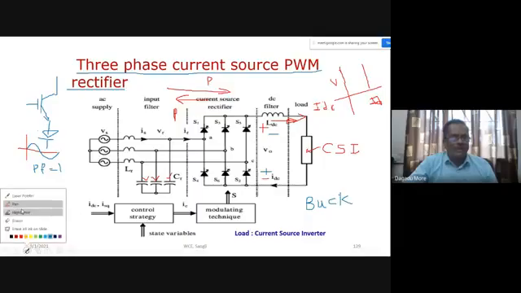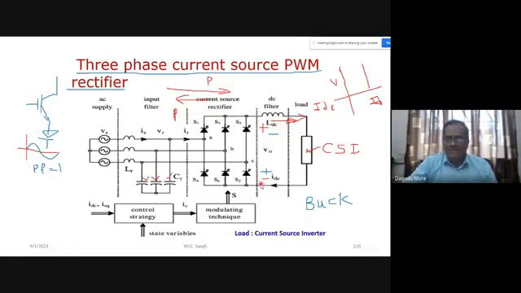By reversing the polarity of the DC voltage at the input side. For that, these devices must have both forward and reverse voltage blocking capability, so if you use a MOSFET or IGBT, we have to put a diode in series with the device.